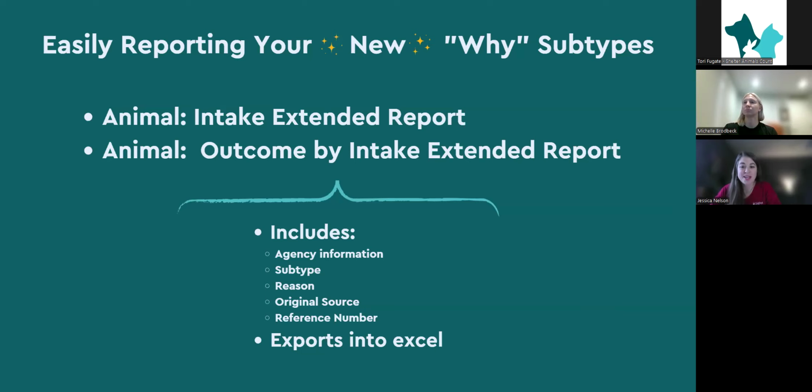It includes the subtypes, it includes the transfer reason, it includes the original source where appropriate, and it includes the reference number. So if you want to look at all of that data and really get in deep, these are great reports to look at. They export automatically into Excel, so you can do all sorts of manipulation to it as well.